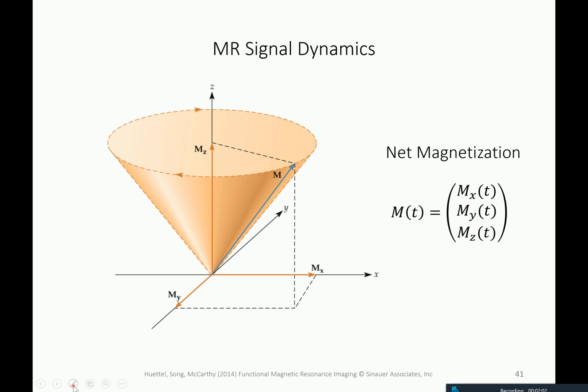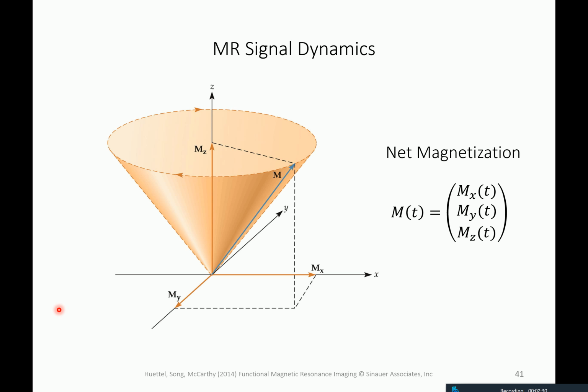Good. Then let's see whether the slideshow wants to do something. So essentially, we went up to the following by now. We first talked about nuclear dynamics and nuclear magnetic momentum. So we had this idea that there are all these protons, and each of them has a magnetic moment, and they behave a certain way in a magnetic field.